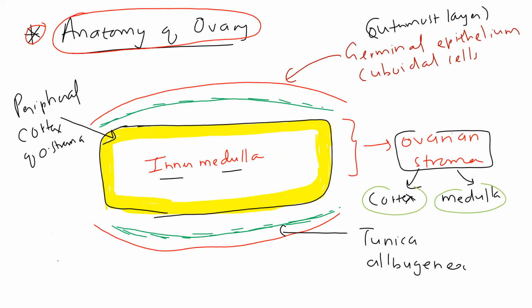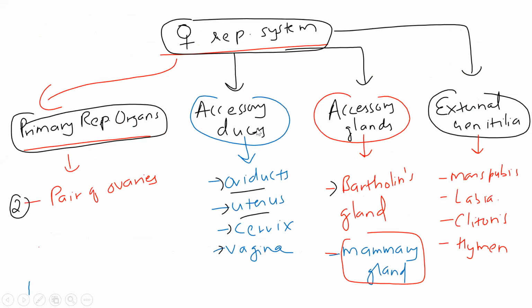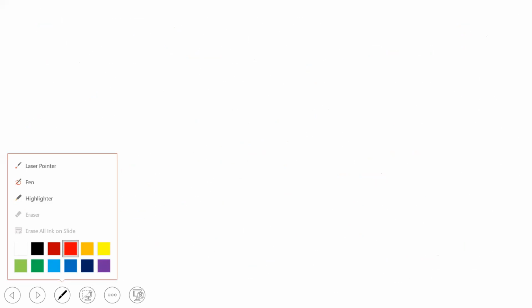So we'll continue with the uterus part. The uterus is also where baby development happens. Before birth, we all underwent our development in the uterus.